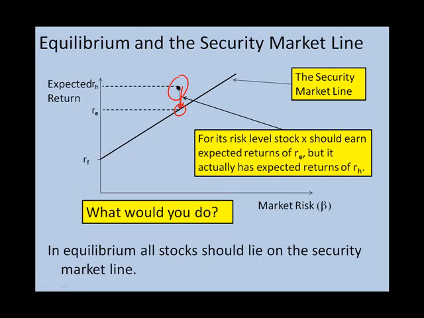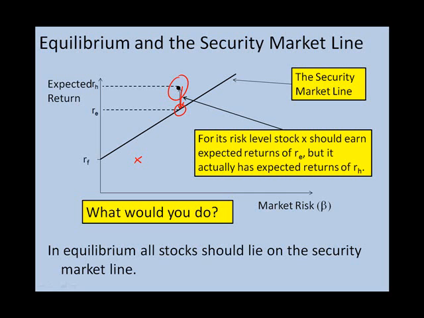If you see a stock plotting below the security market line, what does that mean? Well, that means that the stock is earning lower expected returns than predicted by the CAPM. What would you do in this case? Well, all investors would recognize this and they would want to sell or reduce their holdings of this stock.